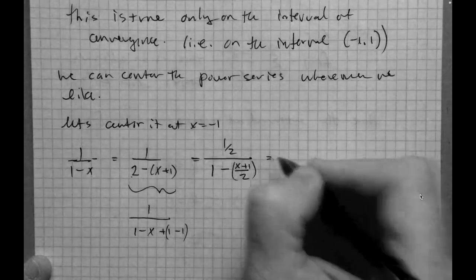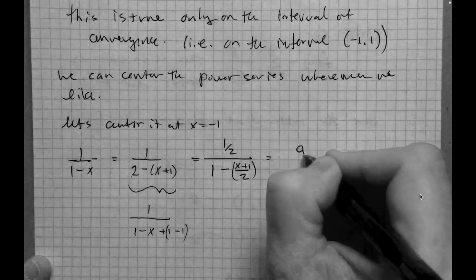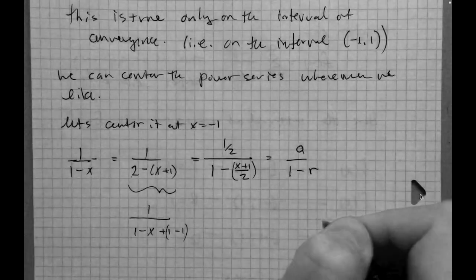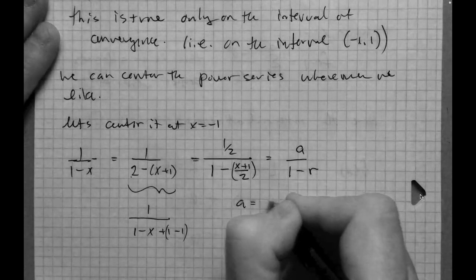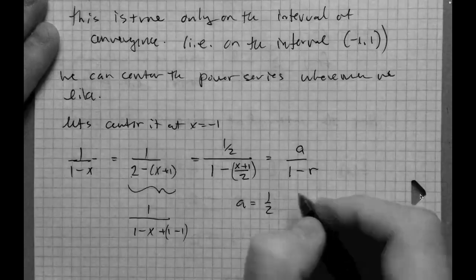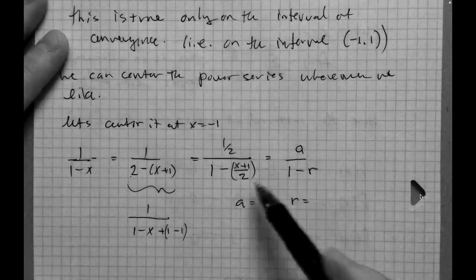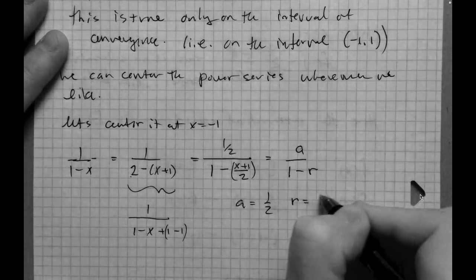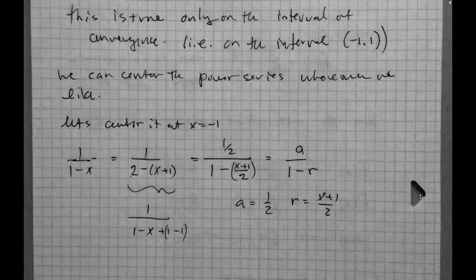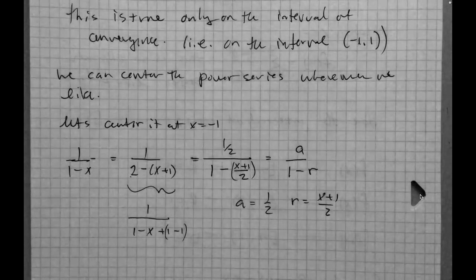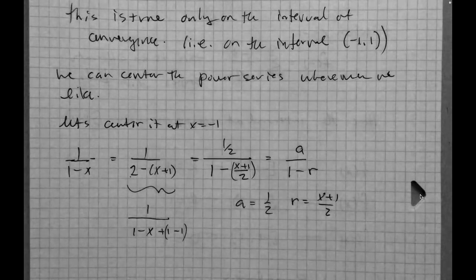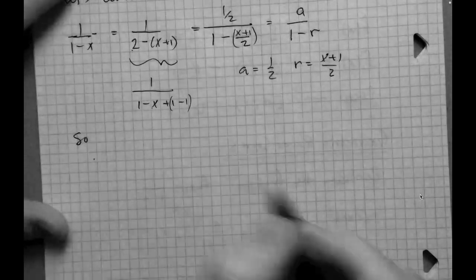This is equal to my a over 1 minus r. So a is equal to 1/2, and r is equal to the other piece here, x plus 1 over 2. So where is this going to converge?